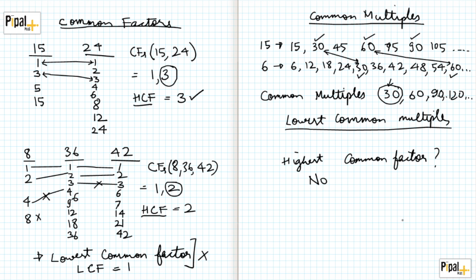Now let's talk about a few more interesting things about HCF and LCM. Let's take the example of, let's say, 24 and 30. What I'm going to do is list down all the factors of these two numbers.